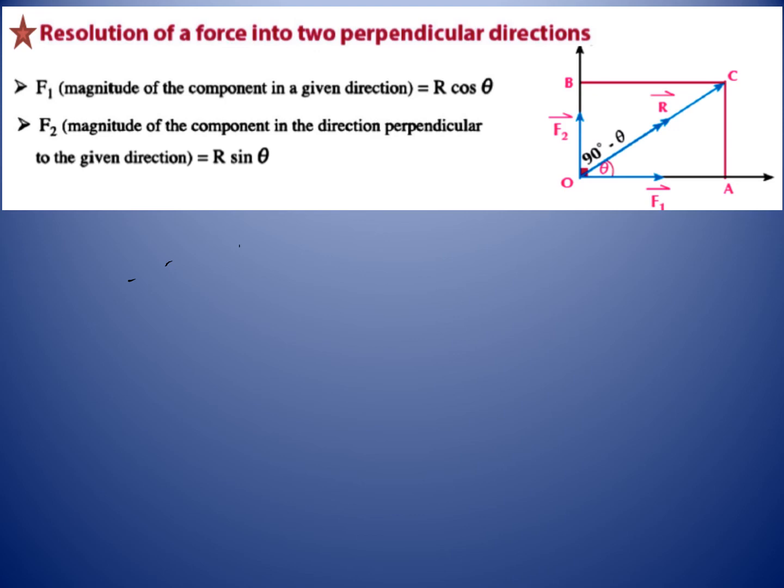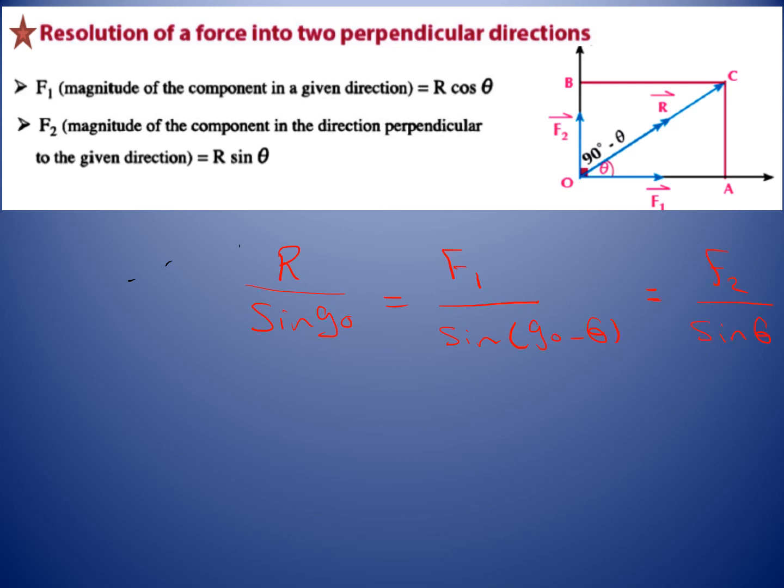If you have a force R in the direction of OC and you want to resolve it in two perpendicular directions, or two perpendicular forces F1 and F2 in the directions of OA and OB, by using the general rule, R over sine 90 equals F1 over sine (90 minus theta), the far angle, and F2 over sine theta.